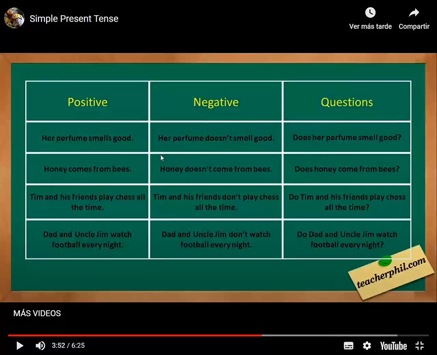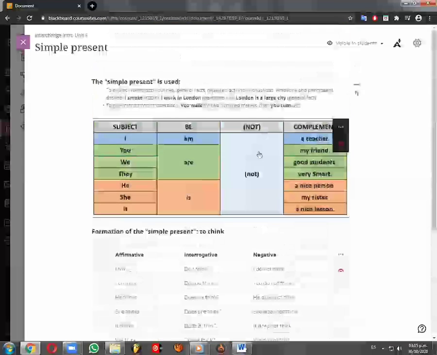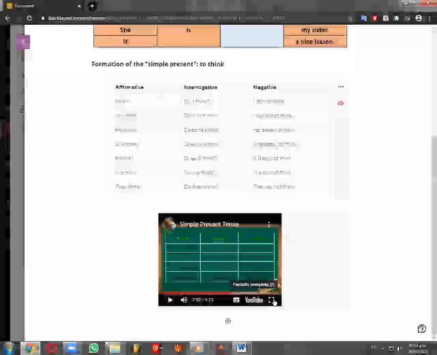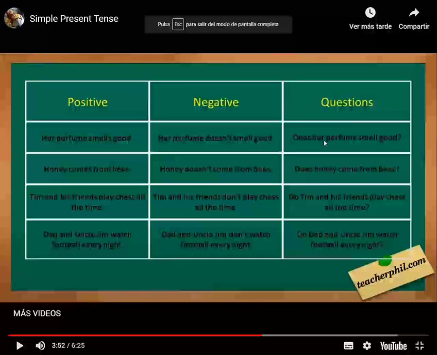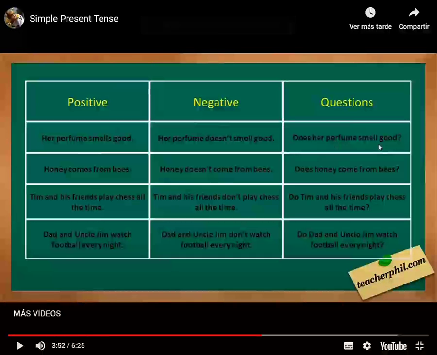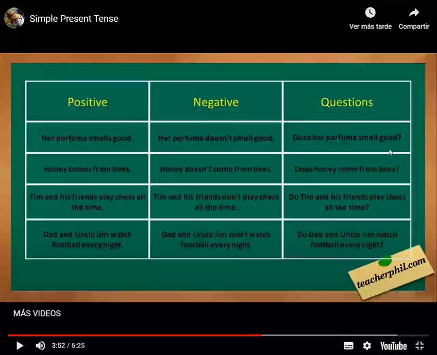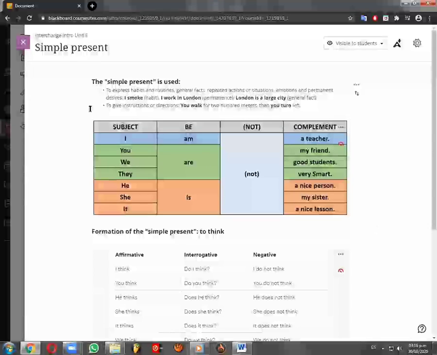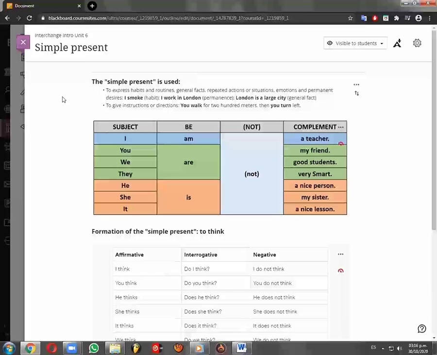In the negative section, her perfume doesn't smell good. Does or doesn't, right? And also, does her perfume smell good? So this is the first part, the grammar part, the simple present.